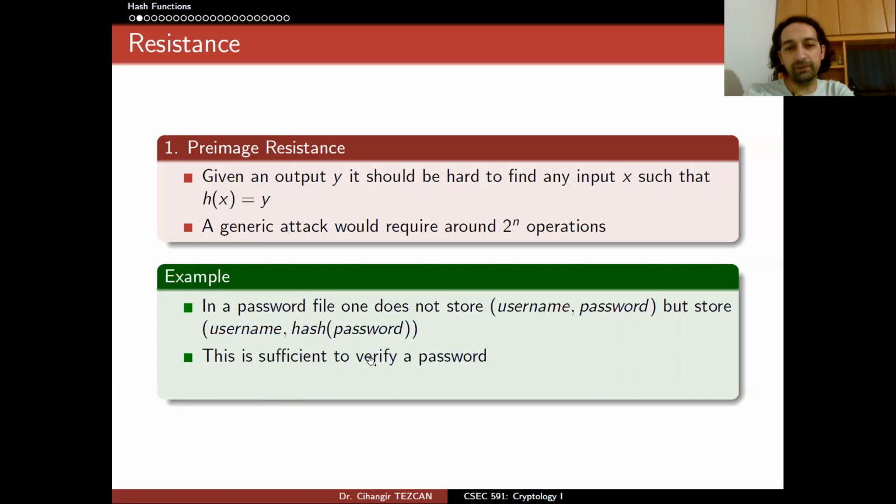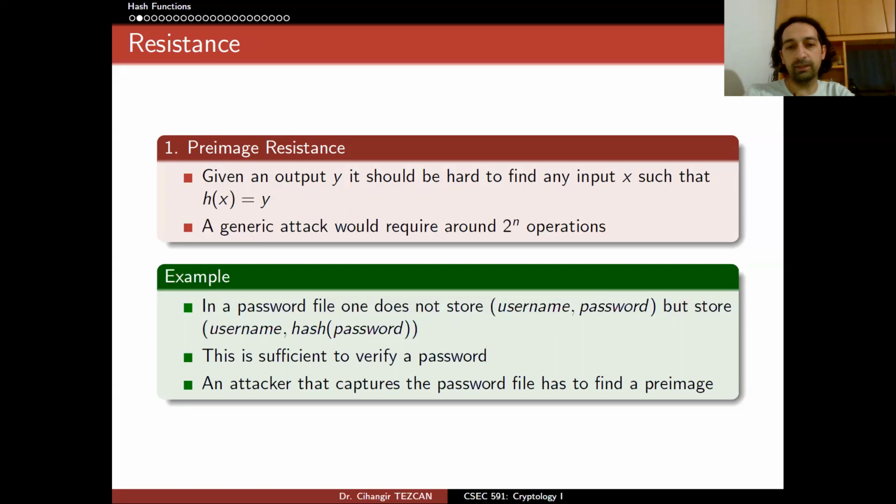But this is also sufficient to verify a password. So assume that you want to log in to a web page. The web page also does not store your password, but whenever you want to log in, you type your password, they compute the hash of it and check if it matches the value they stored in the database. So regardless of whether they store the password or the hash of it, you can always log into your account.